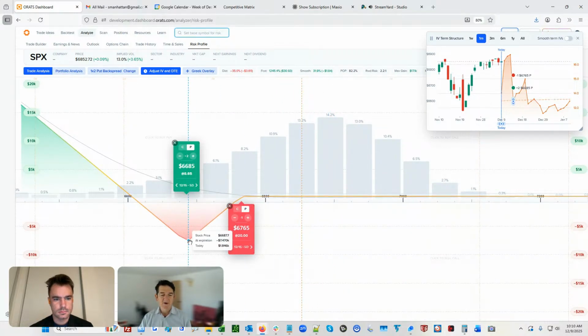There's a loss here at expiration, but expiration in this case is out 5 days. You could see these 5D and 1215.